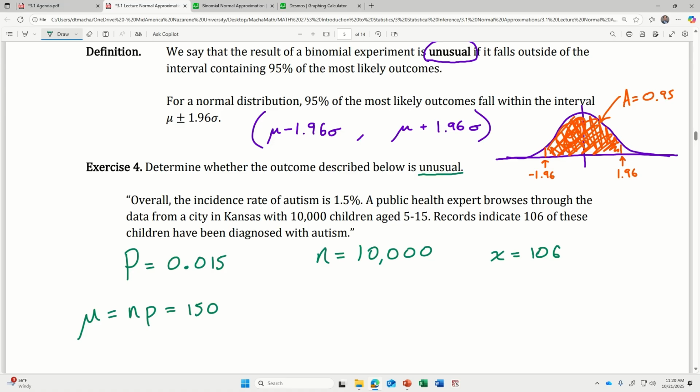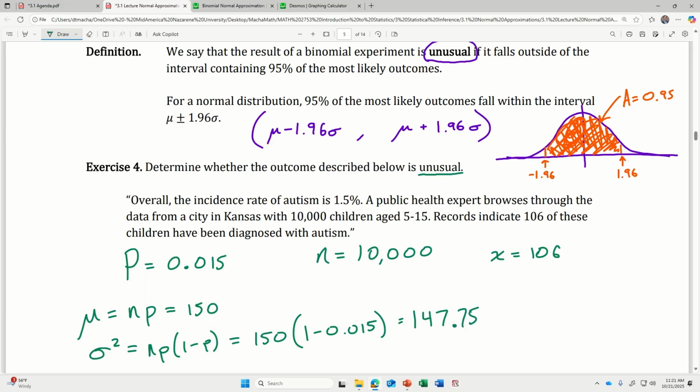So then we find the mean, we find the variance. Let's calculate variance. That's n times p times 1 minus p. That's 150 times 1 minus 0.015. Got to use my calculator for that one. That will give me 147.75 for my variance.